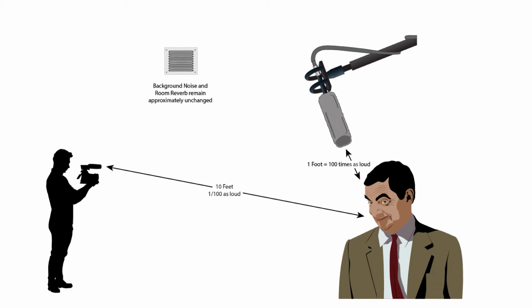But your room reverb and your background noise doesn't really change based on where you've placed the microphone. So your ability to compete with that is much better if you're closer.